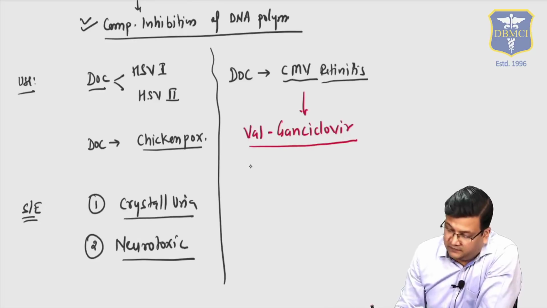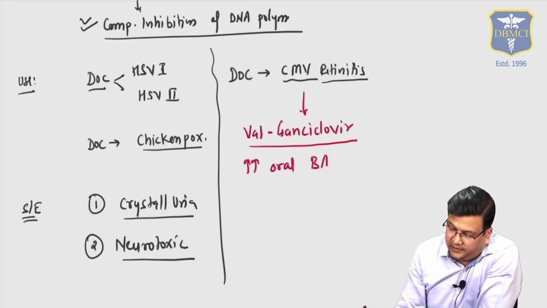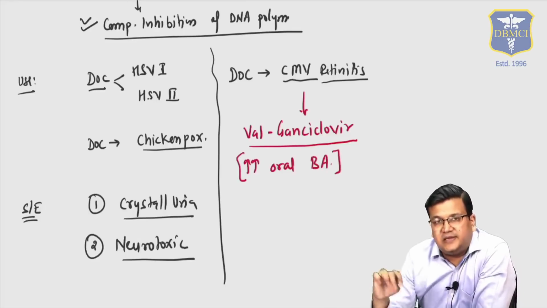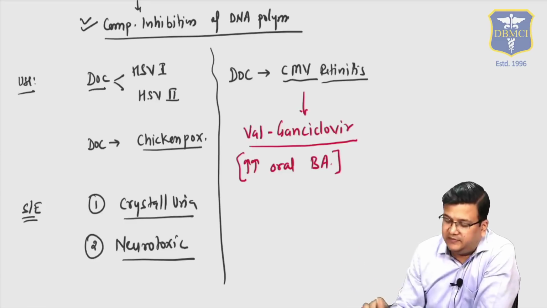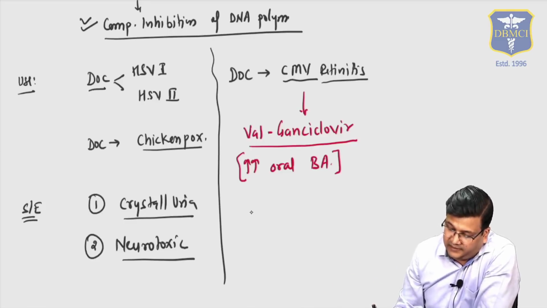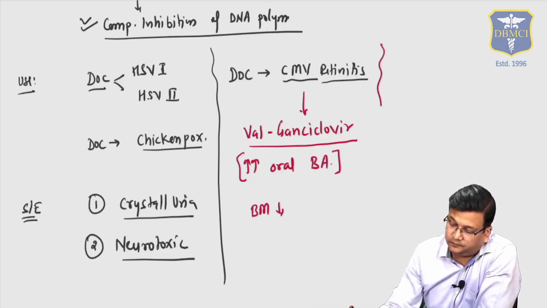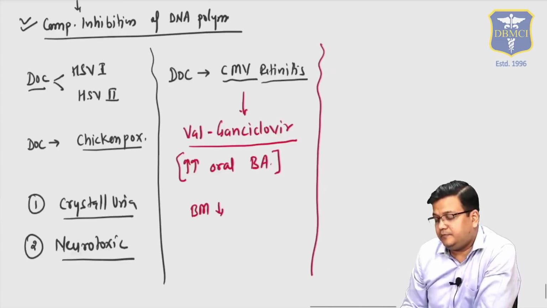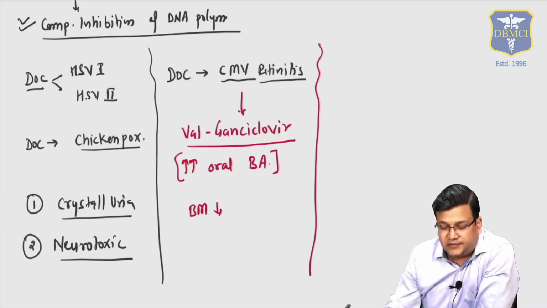Valganciclovir is a prodrug with higher oral bioavailability than ganciclovir. So if you have to choose between ganciclovir and valganciclovir, the answer will be valganciclovir. The side effect of ganciclovir or valganciclovir is bone marrow suppression. So ganciclovir is the drug of choice for CMV.